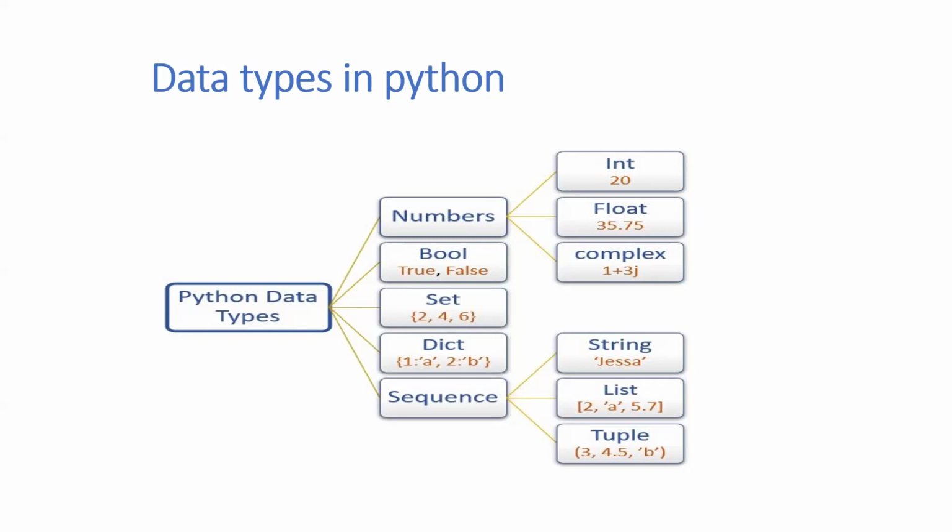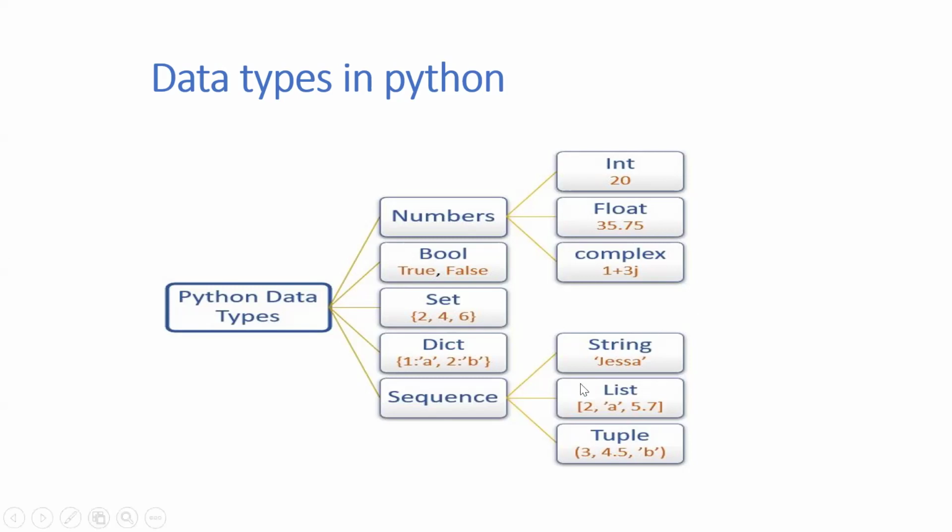Dictionaries. The dictionary contains both key and value. A dictionary is nothing but a key value pair data type. And the sequence data types. The sequence data types can be subdivided into three types: one is string, another is list, and another is tuple.